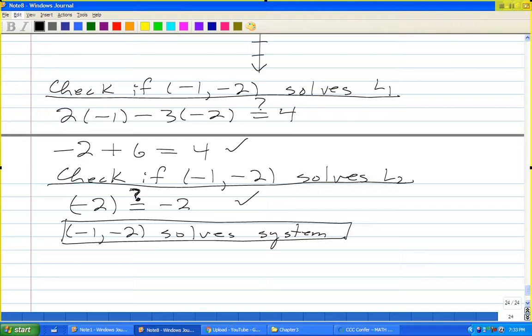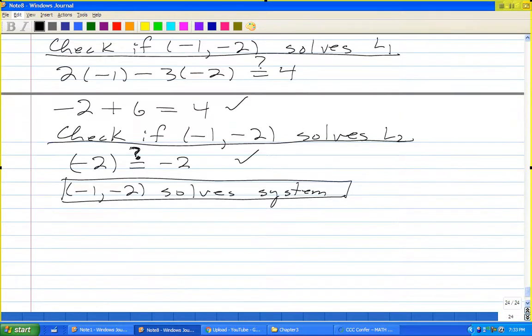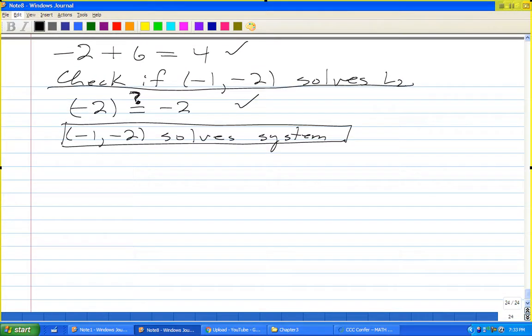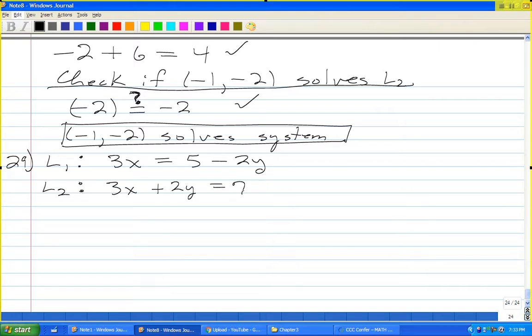Let's do problem number 29. So let's look at L1: 3x equals 5 minus 2y. Second equation: 3x plus 2y equals 7. Let's look at the first line.